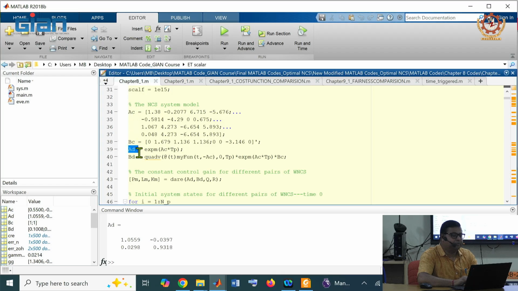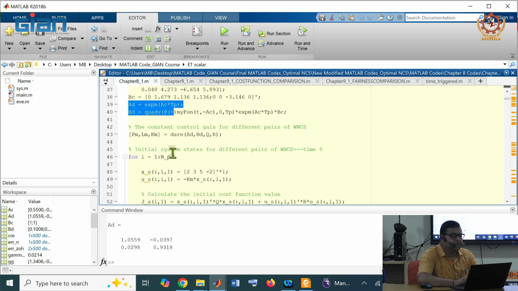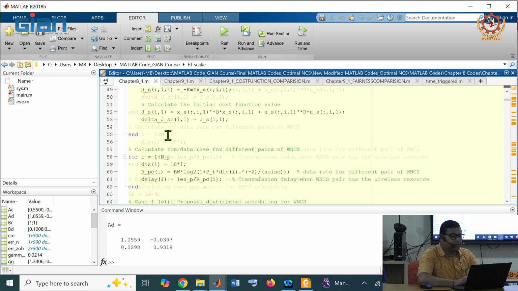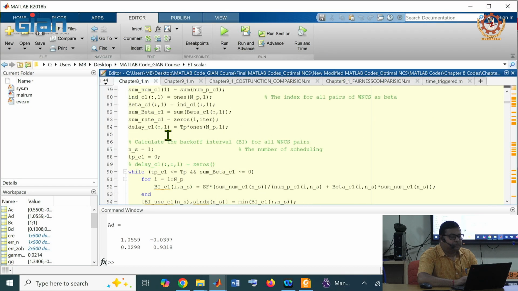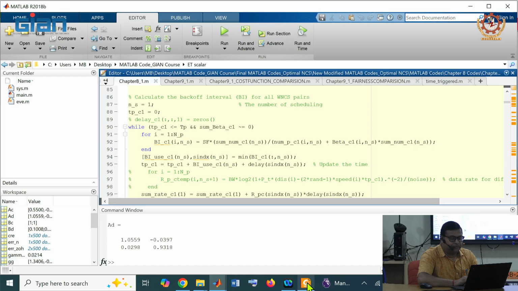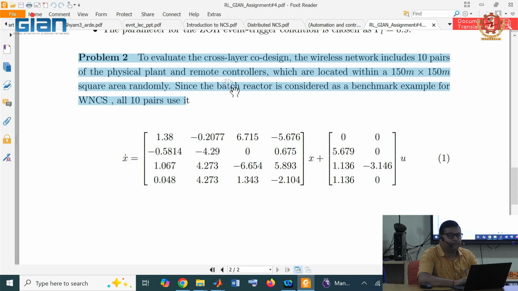Then the AD and BD, the discrete version of that continuous time plant, is calculated. Then the gain has been calculated, okay, and subsequently, if you read the problem statement, then you can do it.